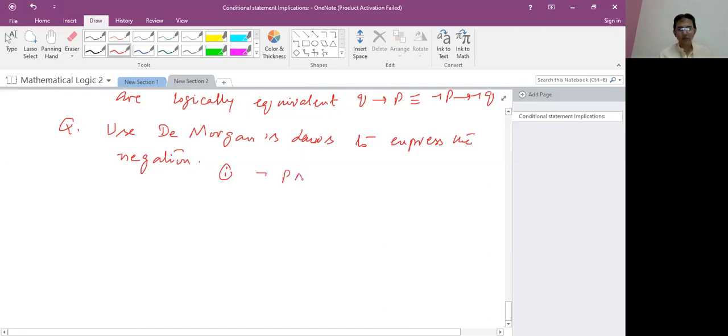Negation of P and Q is logically equivalent to negation P or negation Q. Now the second law, in terms of mathematical logic, negation of P or Q is logically equivalent to negation P and negation Q.